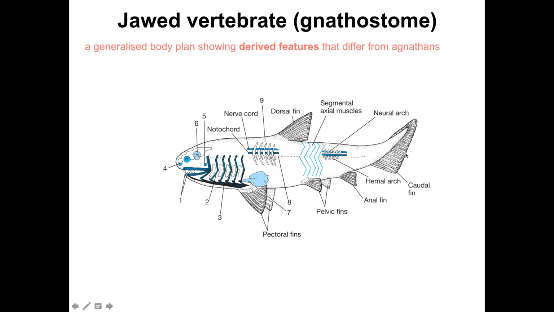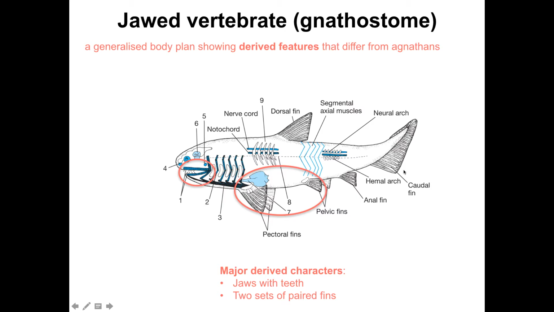So this is a generalized body plan showing the derived features of gnathostomes, jawed vertebrates, that differ from the jawless vertebrates. So first of all, like I said, the gnathostomes now have these jaws that are formed from the mandibular arch with embedded teeth.